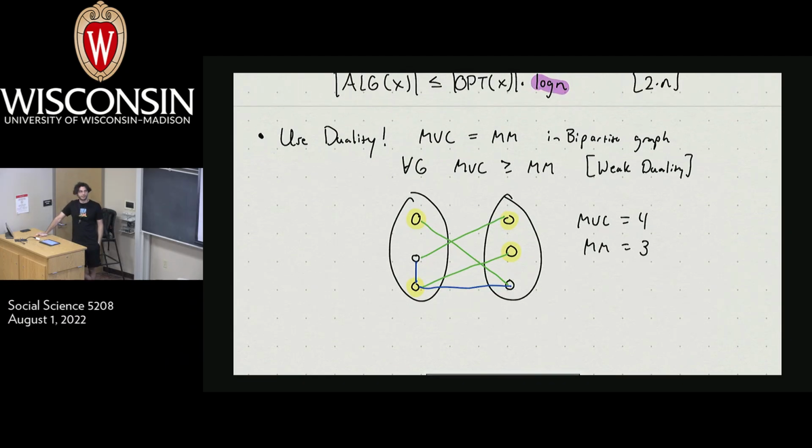So what else could we do? If I gave you a matching and said, can you turn it into a vertex cover, how could you do that?